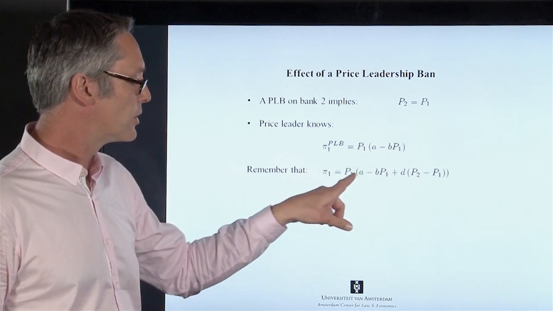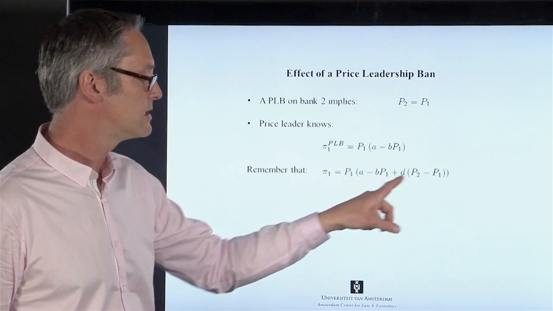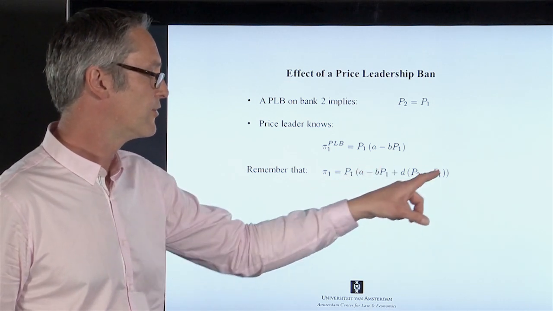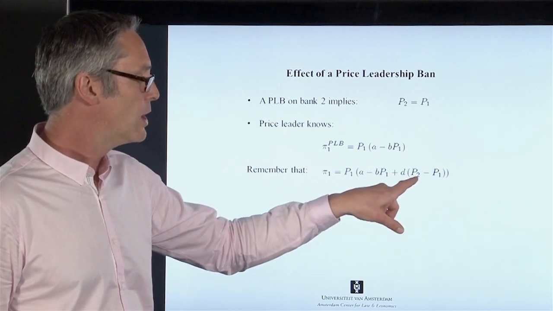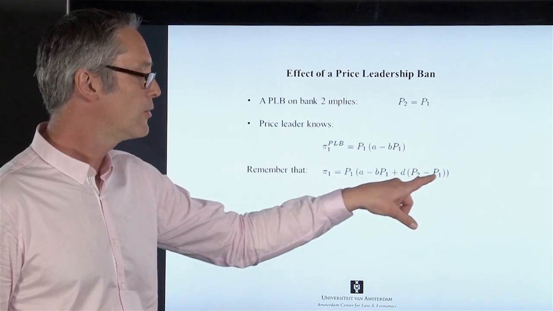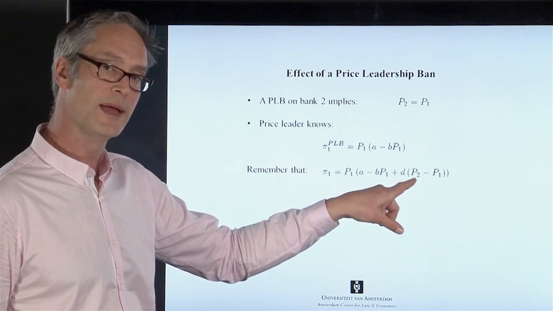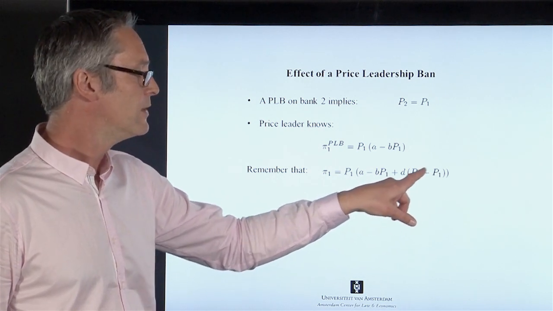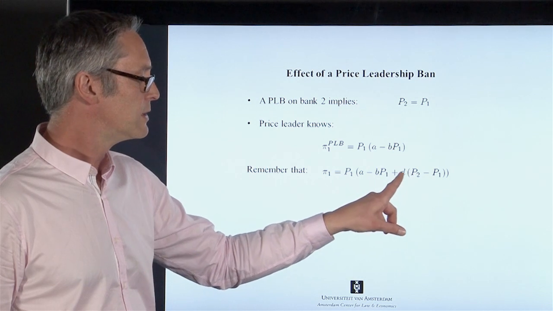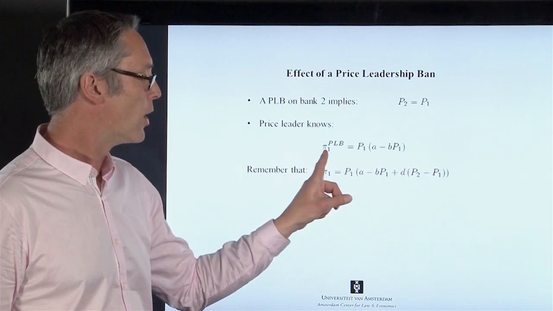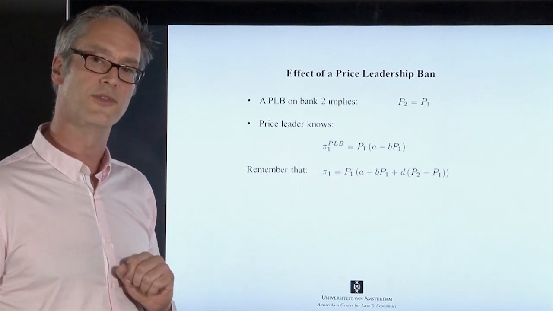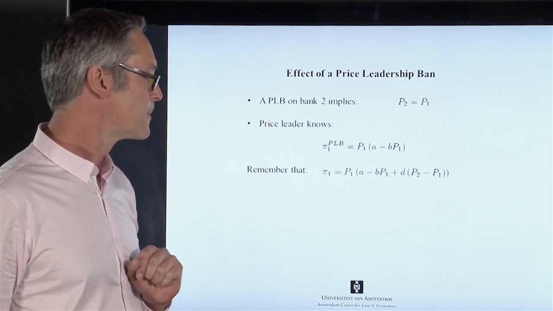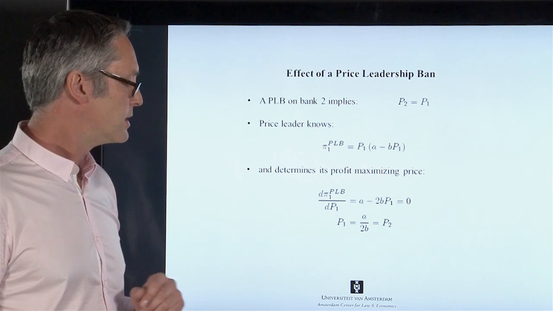Remember that the profit function used to look like this, with the general product differentiation demand setup. But because we know that P1 and P2 are going to be equal, because P2 is going to be set equal by bank 2 in the second stage to P1, this term actually is 0. So this term drops out, and bank 1 ends up with a simple profit function that's only a function of P1 and parameters.